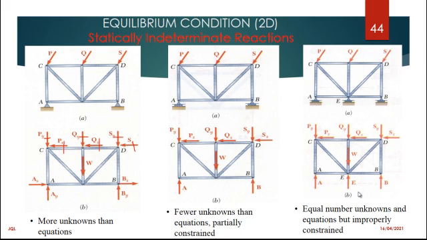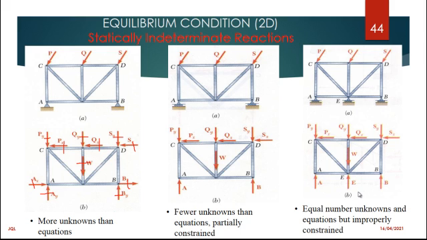Here we have a pin connection and here a pin connection. So we are going to have another unknown, another unknown, and another unknown, giving us 10. And the weight of the member itself, making 11 unknowns. Meanwhile, we only have 3 equations of equilibrium. You can't solve this problem just by using those 3 basic equations of equilibrium.